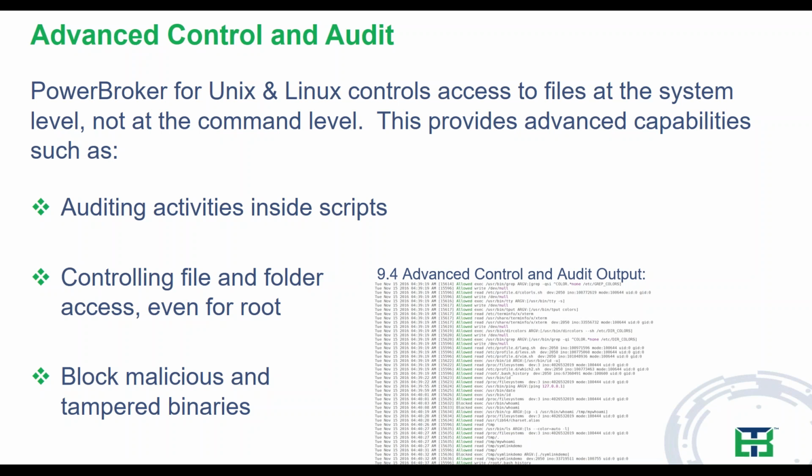With advanced control and audit, this is where we're going far above and beyond what Sudo and other similar solutions are providing, by actually following along with the system-level function executions as different files are read, written, linked, or executed. We can watch everything that's happening within those commands or within those scripts, and you have the ability to either just audit or block different things that are happening there based on that policy.